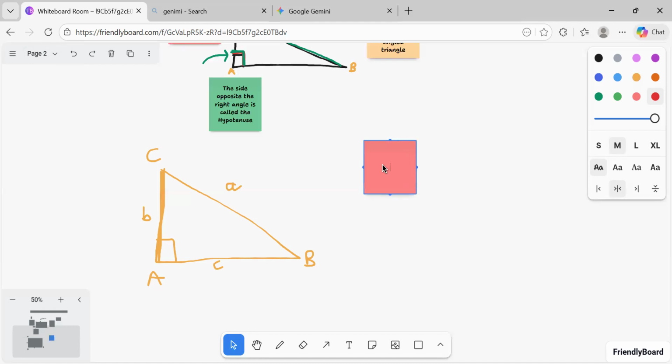The theorem of Pythagoras states that the square of the hypotenuse is equal to the sum of the squares of the other two sides.